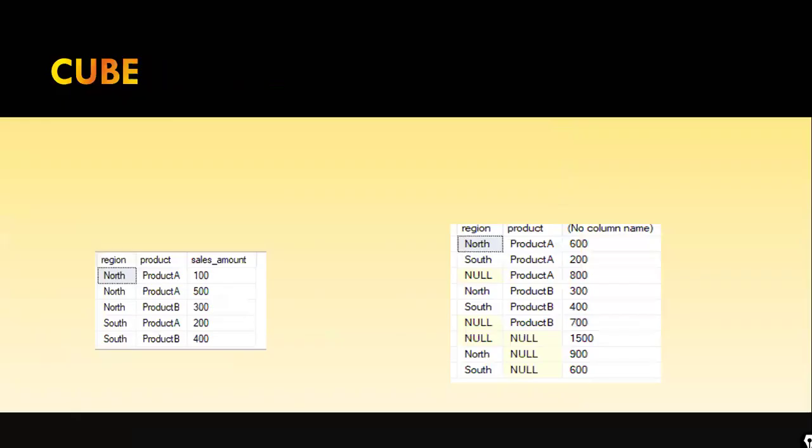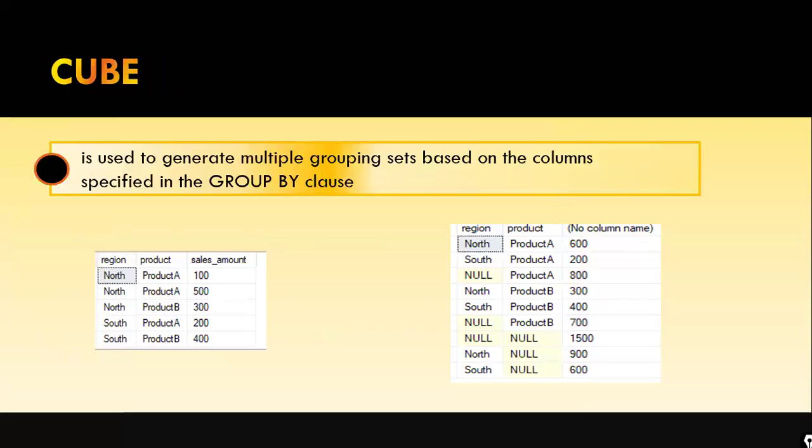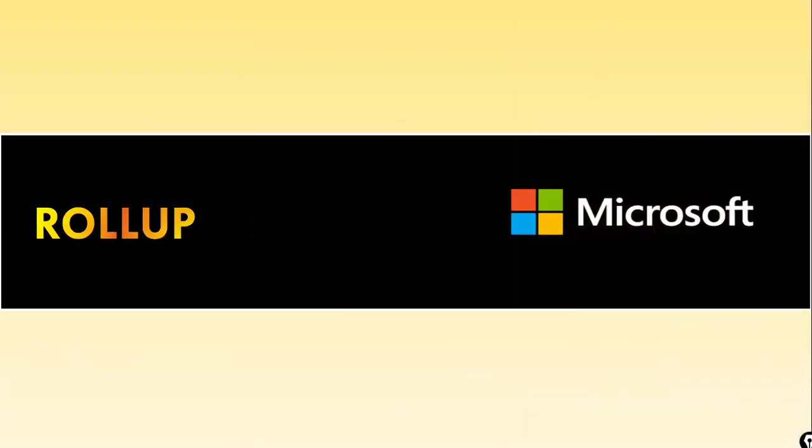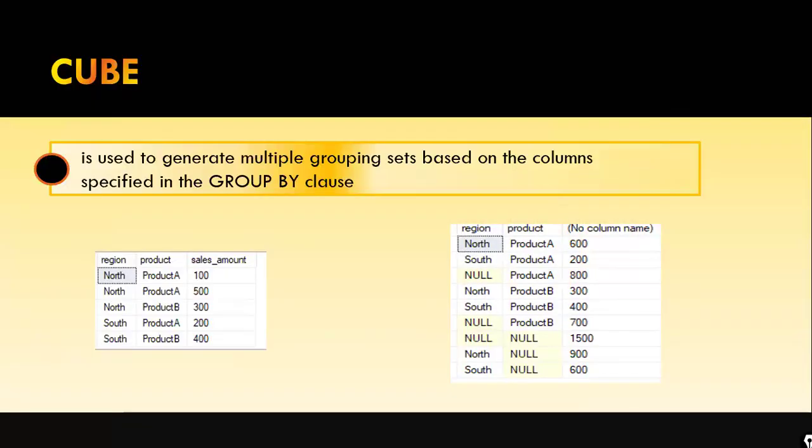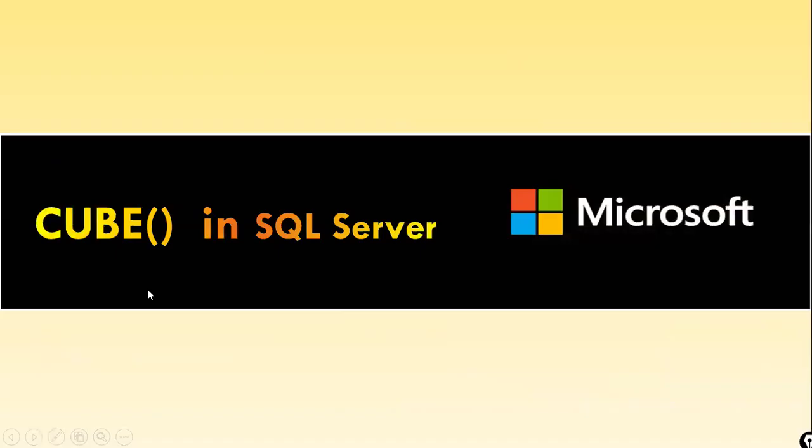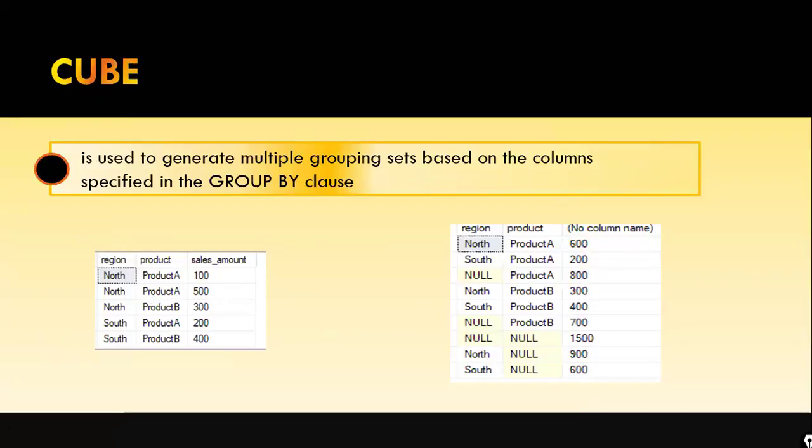Next one is the cube in SQL Server. The cube is used to generate multiple grouping sets based on the columns specified in the group by clause. Okay, so that is what you can use. And if you see here, the cube function in SQL Server, north product A, 600. The same thing, you can use the cube function also. It generates multiple groupings based on the columns specified in the group by clause.